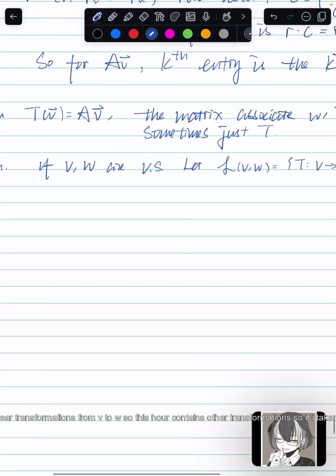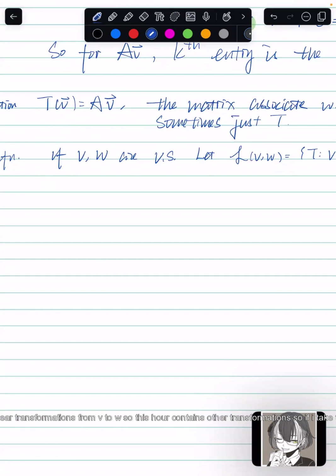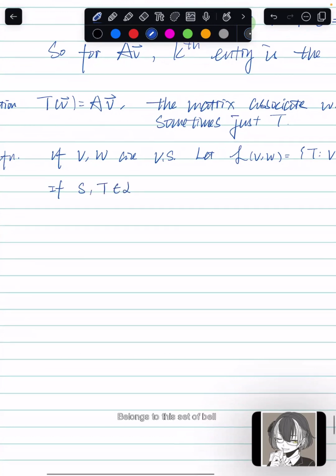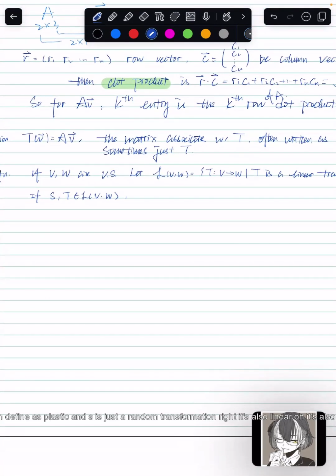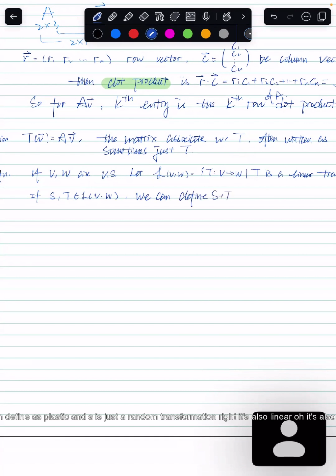So this L contains all the transformations. So if I take two of them, if I have a transformation S and T belongs to this set L, then we can define S plus T. And S is just a random transformation, right?